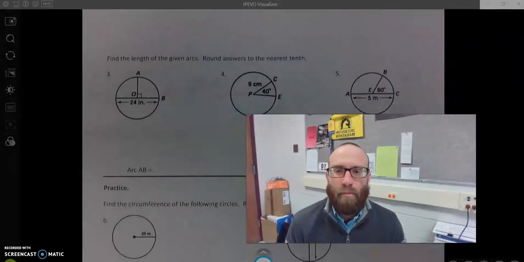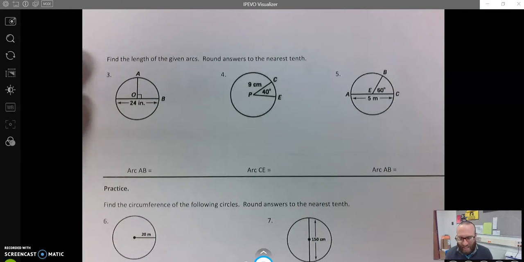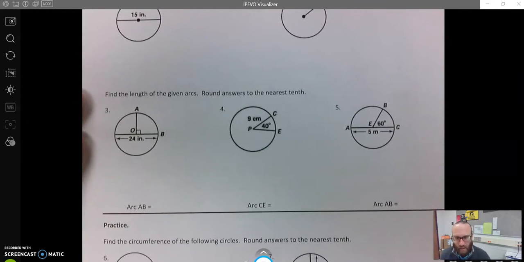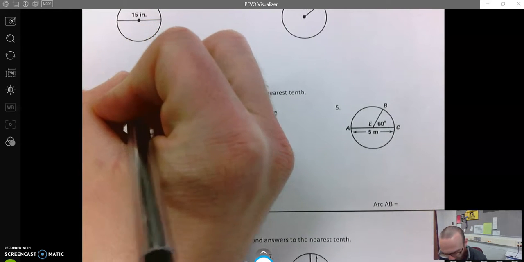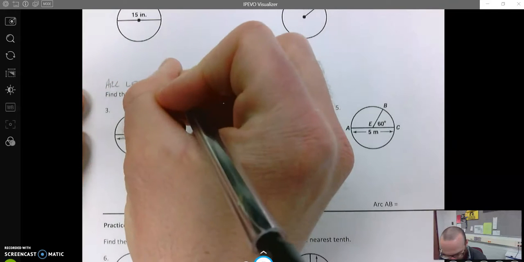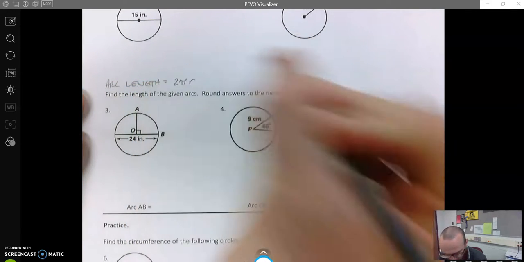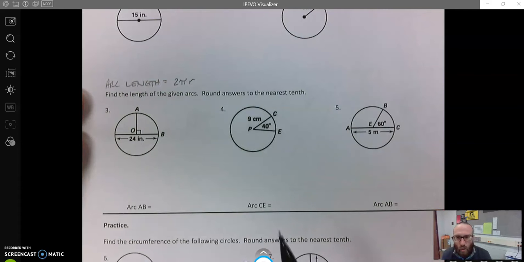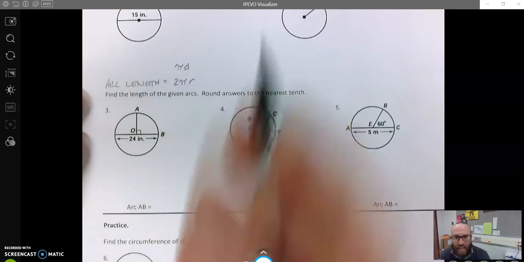as we're going here. So remember that the idea with arc length, and I'm going to write the formula up here, is that to find arc length, we took the circumference, which is 2 pi r, 2 pi times the radius, or pi times the diameter.